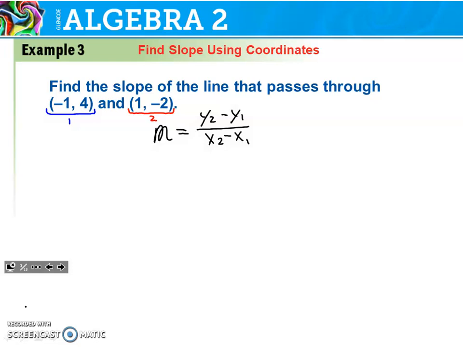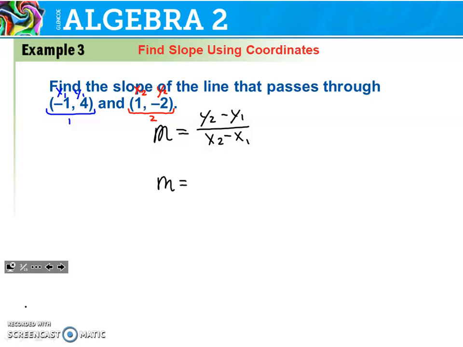Okay, so now that I have identified which is point 1 and which is point 2, I now know that this is my x value of the first point, my y value of the first point. This is my x value of my second point, my y value of my second point. Okay? All right. So let's go ahead, and all we're going to do is plug these values in.